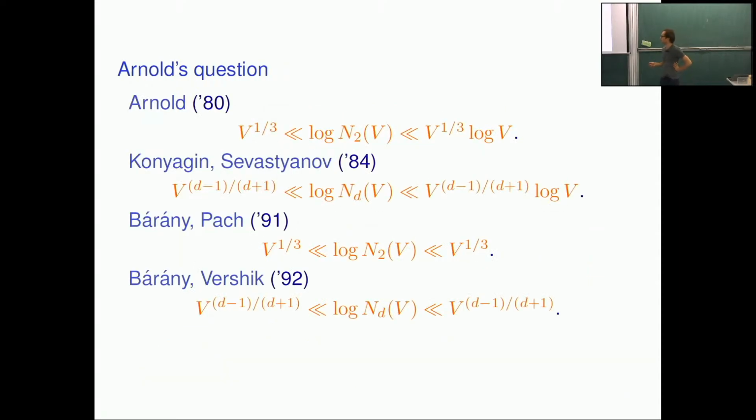He gave some bounds on the log of this number, in the plane. And Konyagin and Sevastyanov generalized his proof to all dimensions. And then later in the 1990s, Bárány and Pach, and later Bárány and Vershik removed the logs from the upper bounds here.